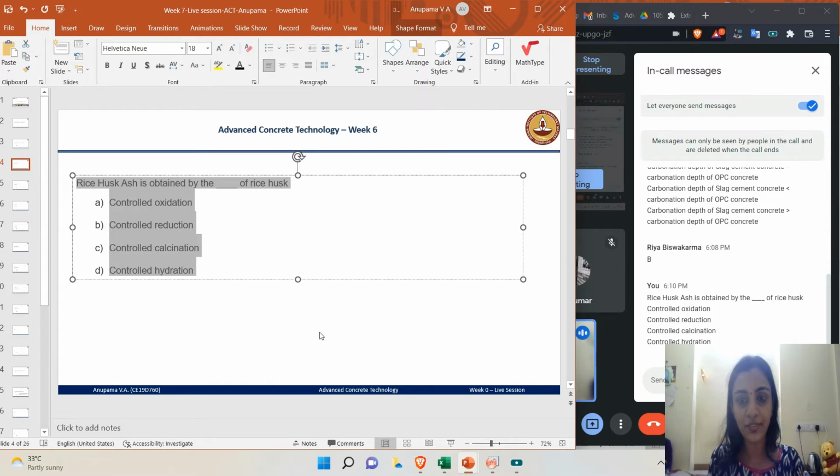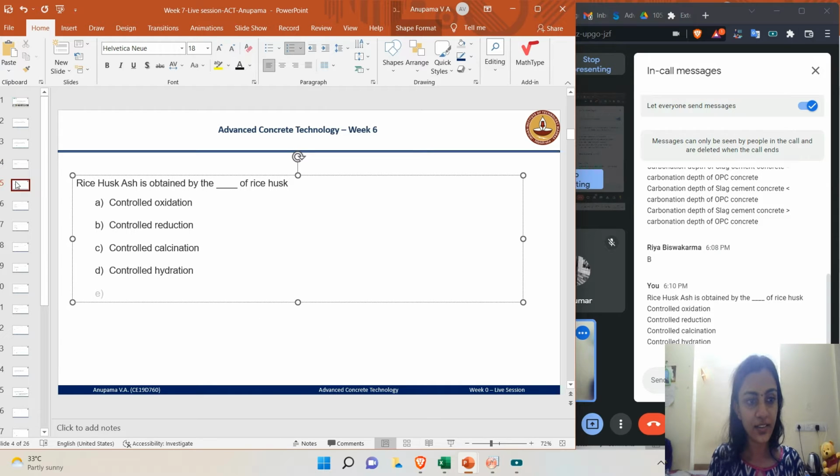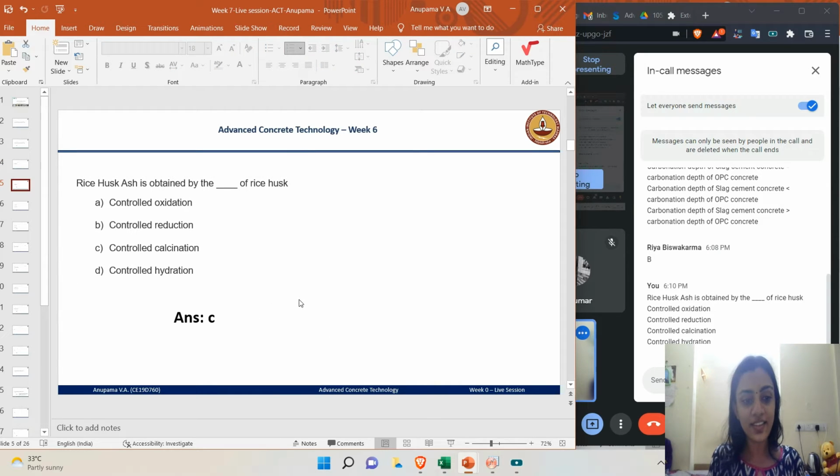Controlled oxidation of rice husk, controlled reduction, controlled calcination, or controlled hydration? I'll wait for a few seconds. Okay, the correct answer is controlled calcination.